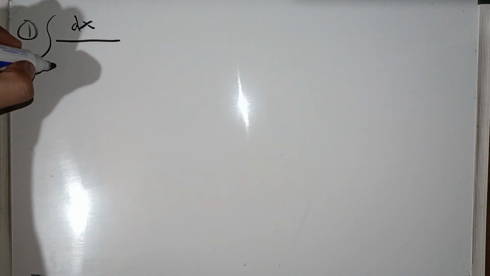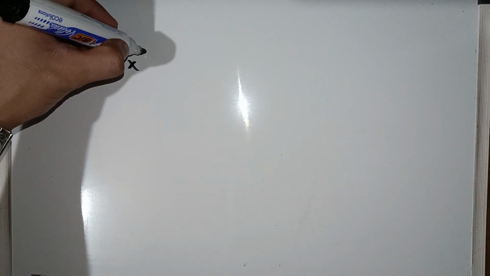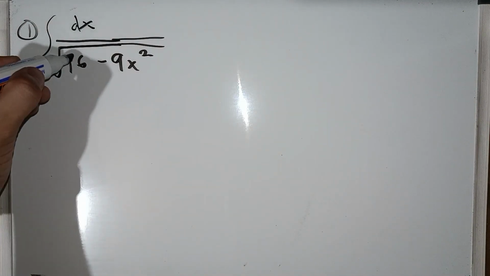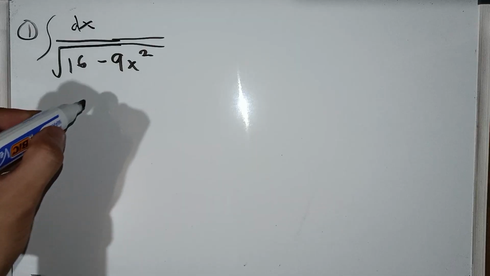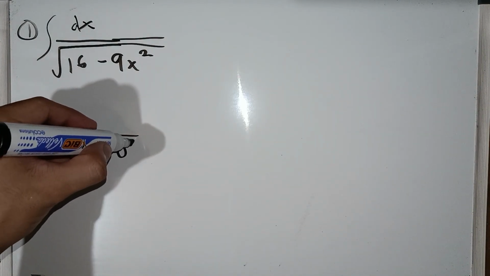For our first example, let's try the integral of dx over the square root of 16 minus 9x squared. To solve this, let's use the formula the square root of a squared minus u squared.